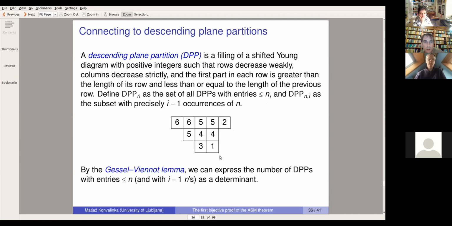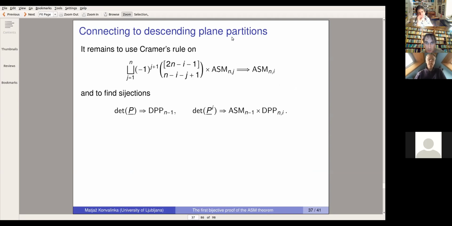And by the Gessel-Viennot lemma, we can express the number of DPPs with entries at most n, and also with exactly i minus 1 n's, as a certain determinant. Okay, so remember, we found these linear equalities for the sets we're interested in. So what can we do with a system of linear equalities? We can use Cramer's rule.